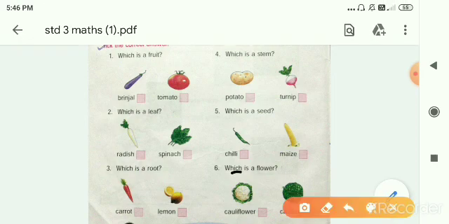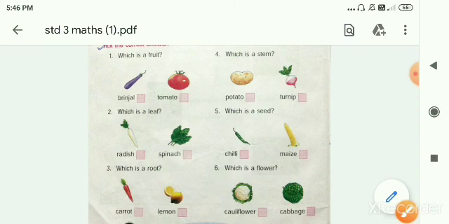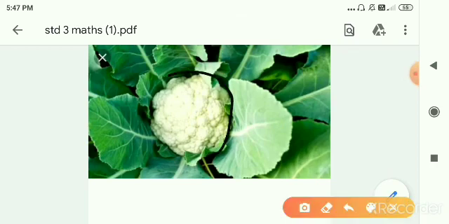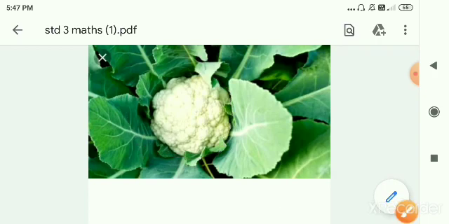You can see this head, while cabbage does not produce heads like this. You can see this cauliflower plant, this vegetable part is called the head. So which is a flower? The answer will be cauliflower.